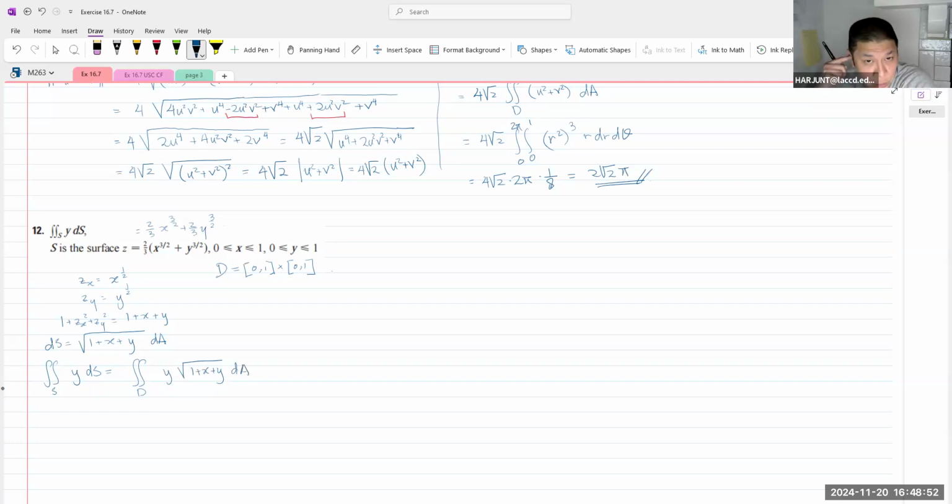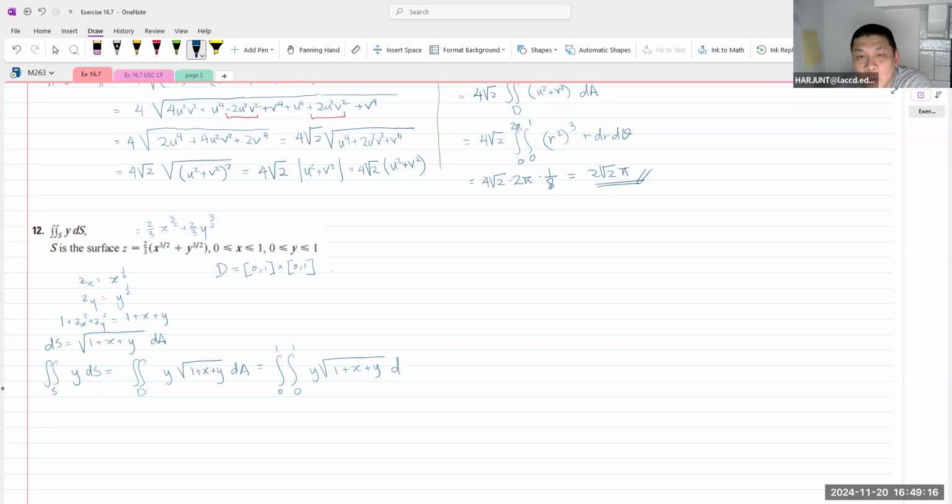Oh, shoot, how to integrate this? Let's see, I suddenly question myself. That's the integral from 0 to 1, integral from 0 to 1, of y times the square root of 1 plus x plus y.